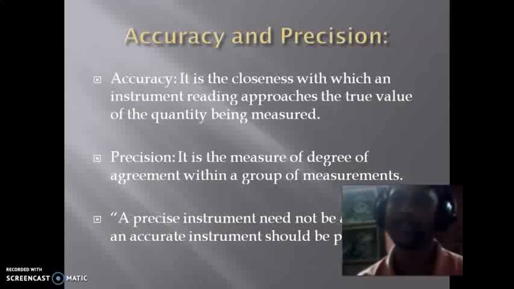If you take an example, suppose we want to measure a value with an ammeter. The value we are going to measure is 5 ampere, and if we are getting plus minus 2% error, and by using another ammeter to measure the 5 ampere of current, if you are getting plus minus 0.2% error, then this instrument has the highest accuracy, higher than the previous one.